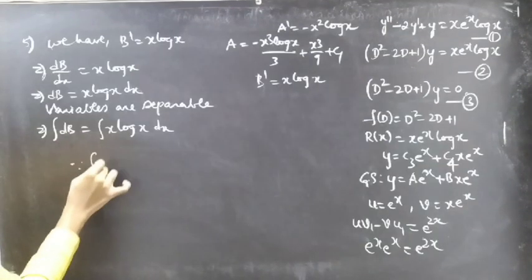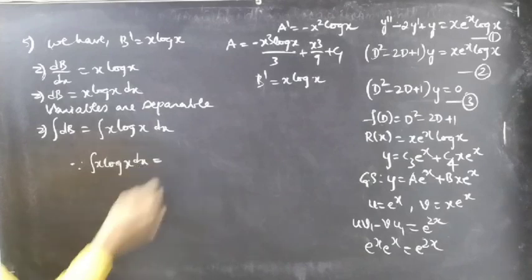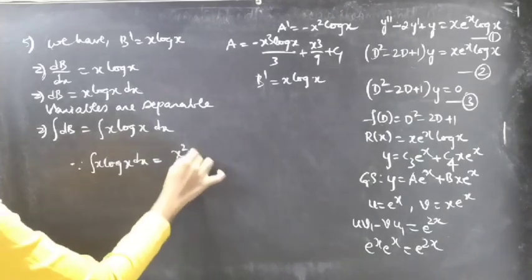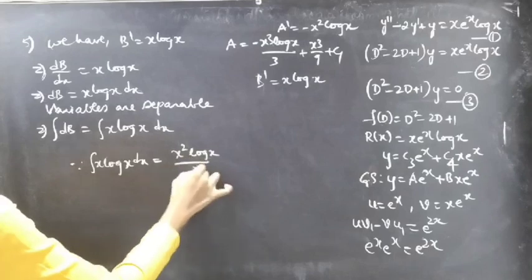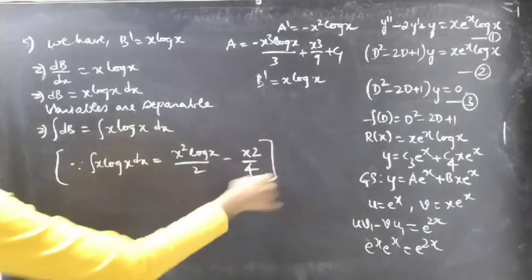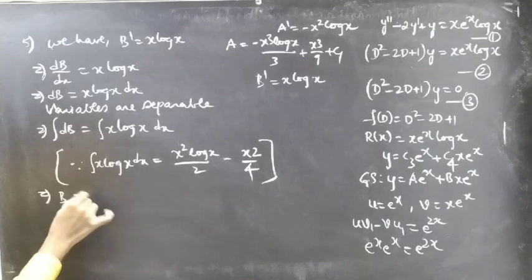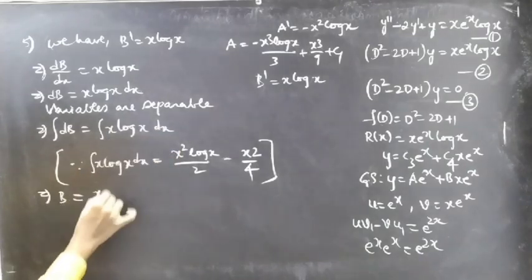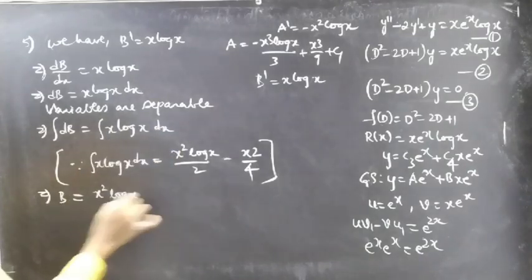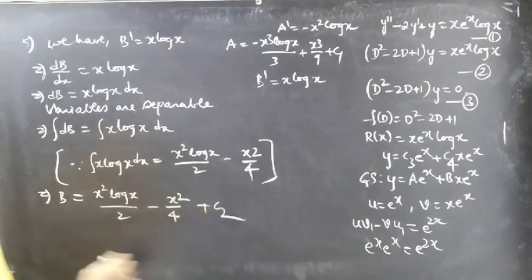Since we know that integral x log x dx equals x square log x by 2 minus x square by 4, now the above equation becomes: integral dv, which is b, equals integral x log x dx, which is x square log x by 2 minus x square by 4 plus c2.